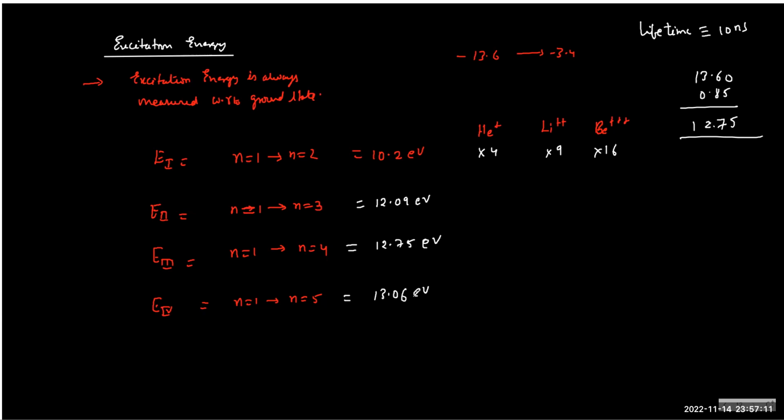So these four excitation energies you must remember. Not only this: when you see a question, you need to always check whether it is a multiple of these numbers or not. Modern physics is all about calculation, and not just calculation.